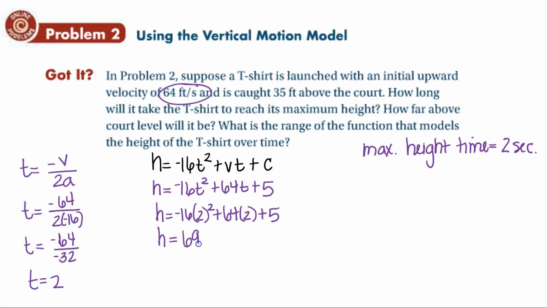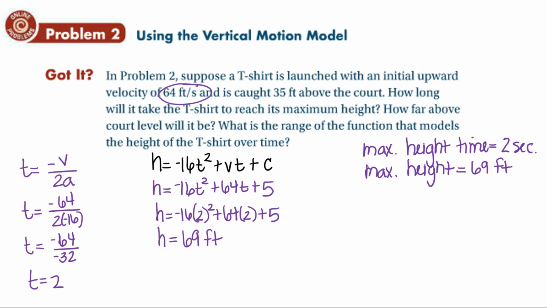You should be getting 69 feet. So my max height is 69 feet, which again means my vertex has the ordered pair (2, 69).